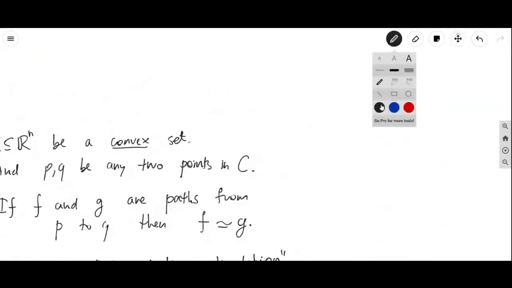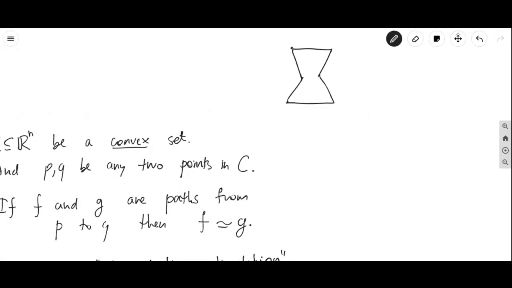So for example, I think we can agree by looking at this picture that this hourglass has the exact same property. That if you have F, and let's say G going like this, it's still true that, let's say G was to go something like this.